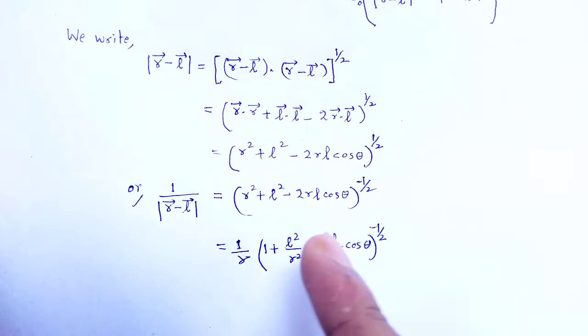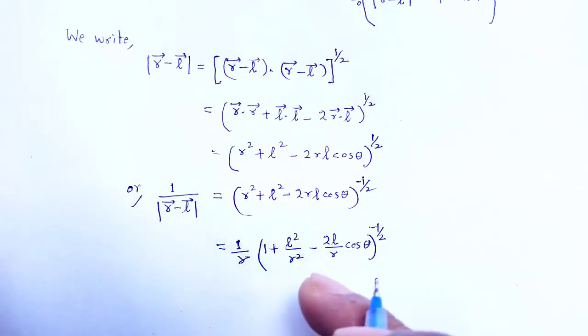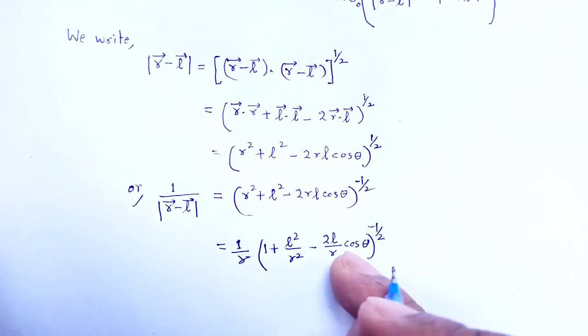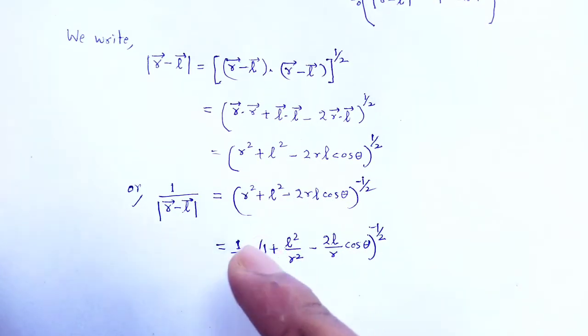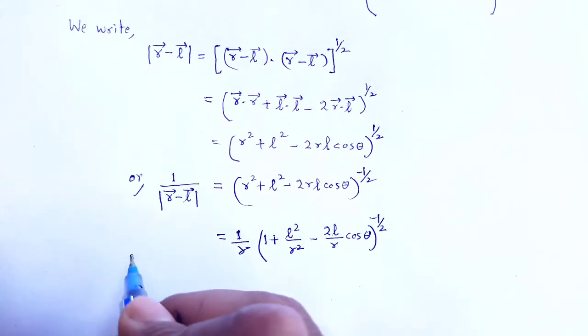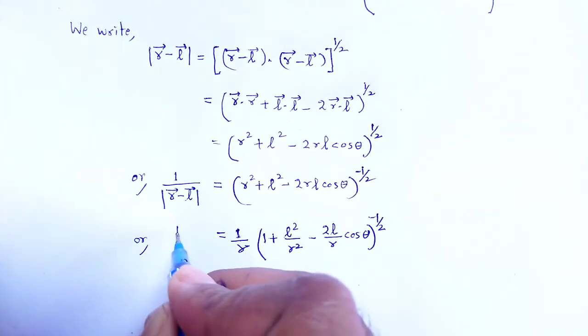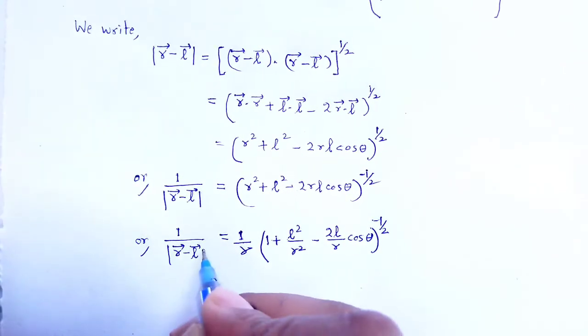Do not be confused: inside the bracket I take r square as common. Since I take r square as common, the bracket term will be this much, and r square to the power minus half, that means r to the power minus 1, gives rise to 1 by r. That is 1 divided by the magnitude of r vector minus L vector.